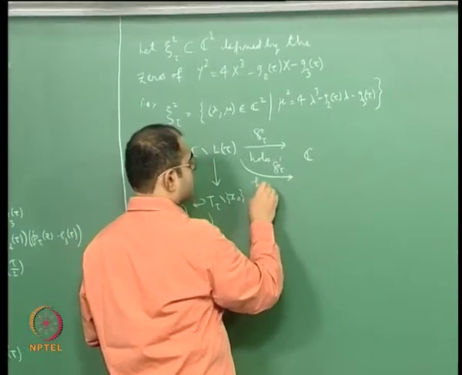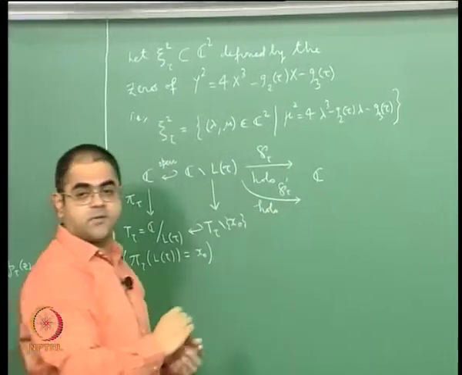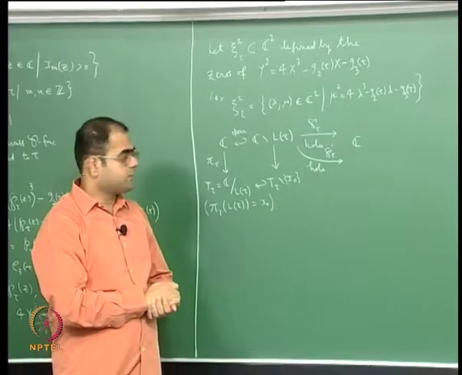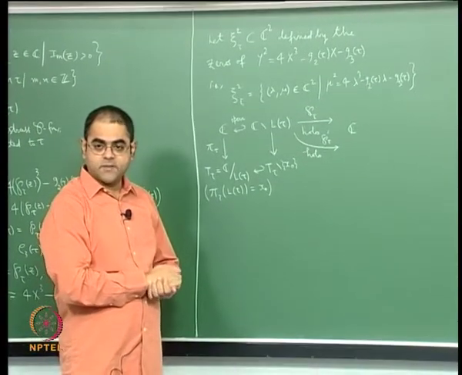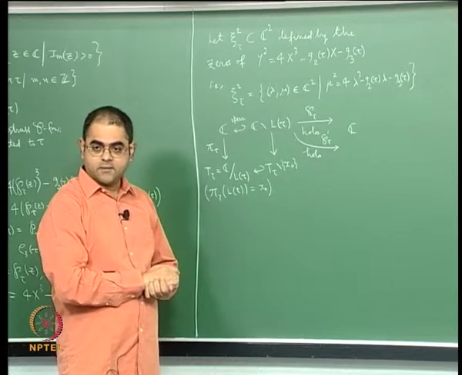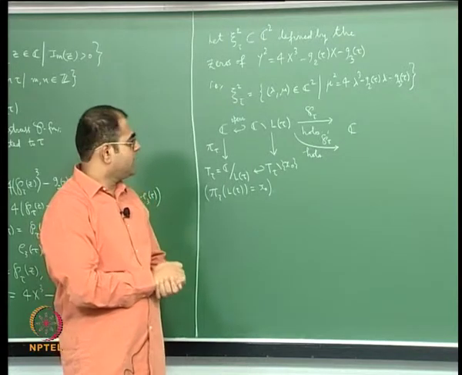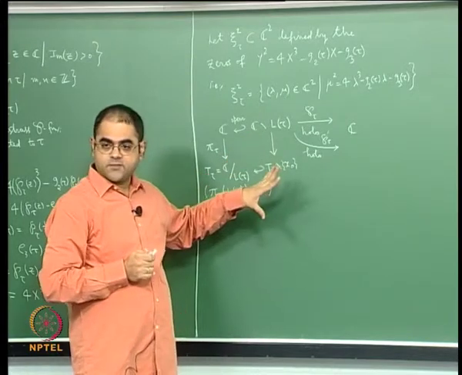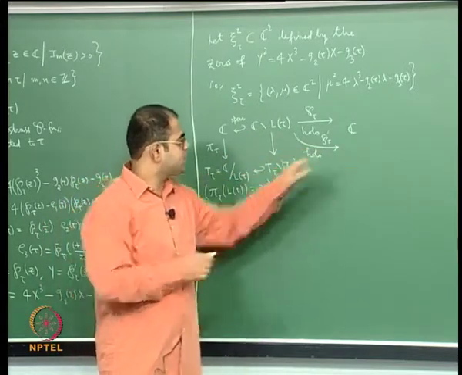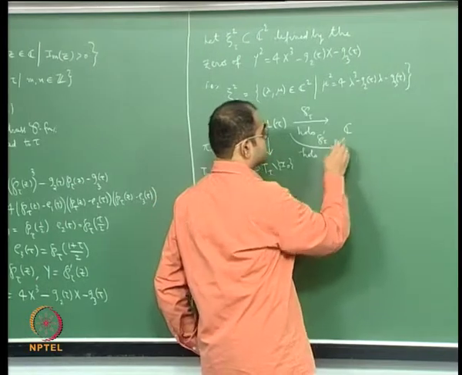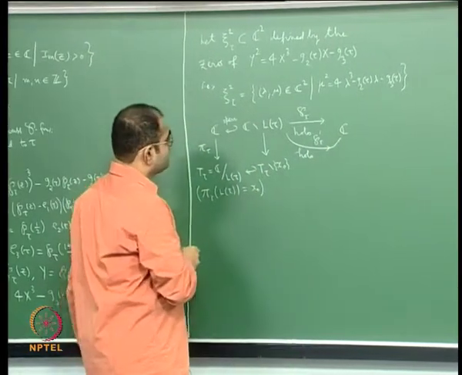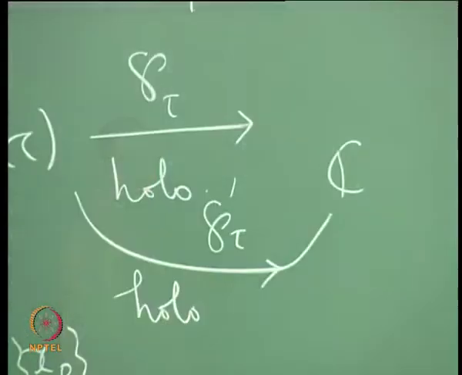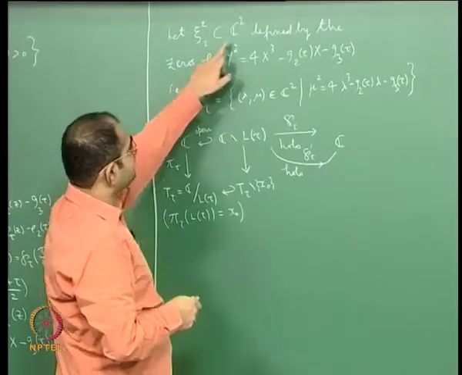That is also holomorphic, because phi prime tau had poles exactly at the lattice points, and they were poles of order 3, and these were the only singularities. Therefore phi prime tau is also a holomorphic map from this to the complex plane. So what we will do is put these two together and try to define a map into C2.